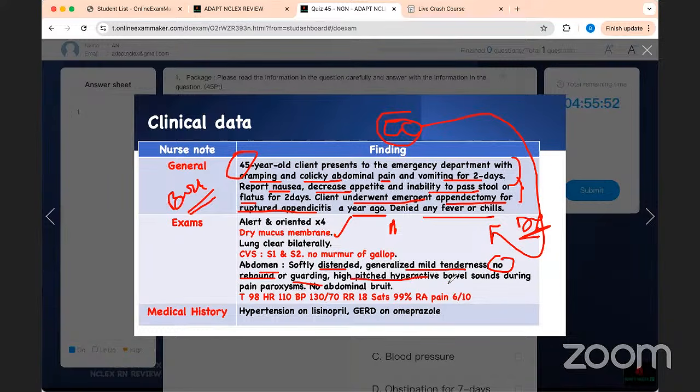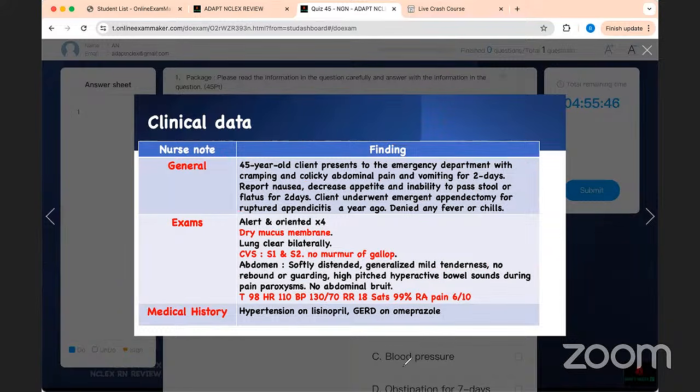Patient has high pitch, hyperactive bowel sounds throughout the paroxysmal abdominal contraction, during the bowel contracting, right? So that's where you have hyperactive bowel sounds. This is the vitals, and this is the information.